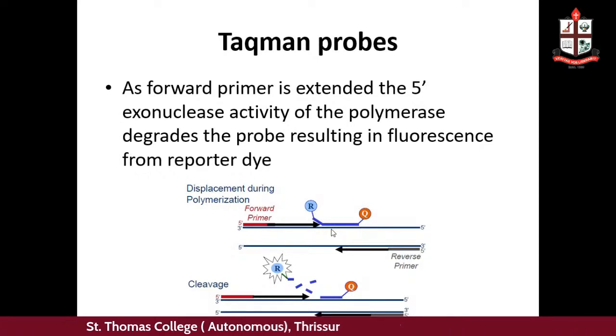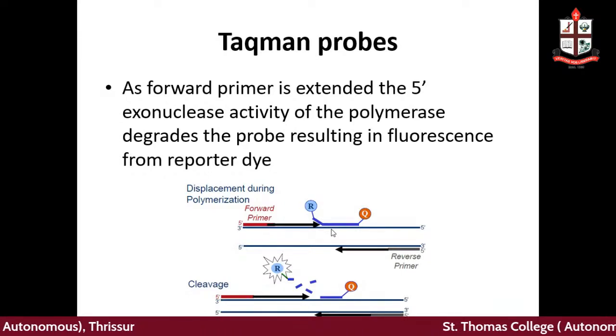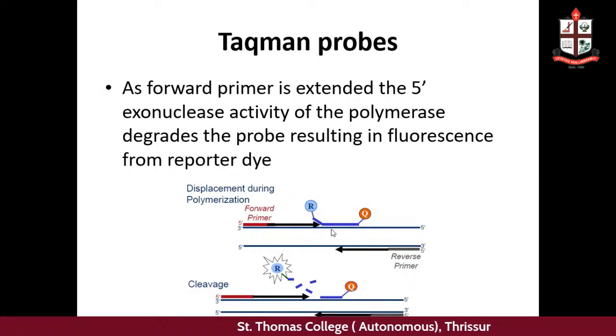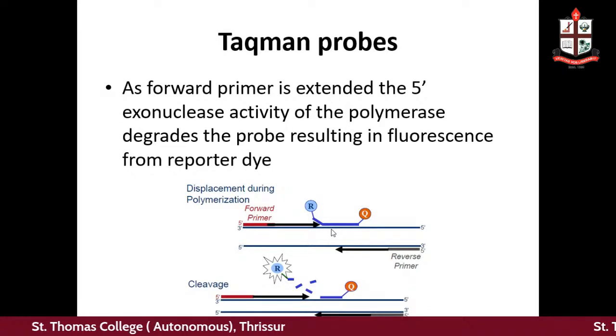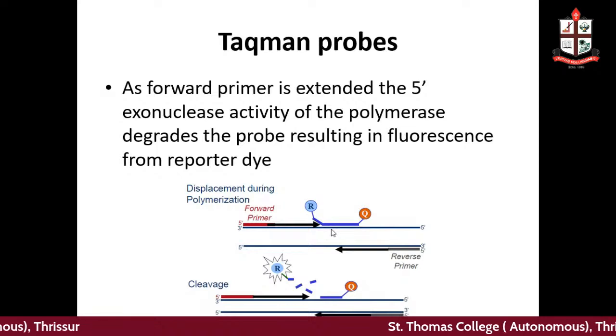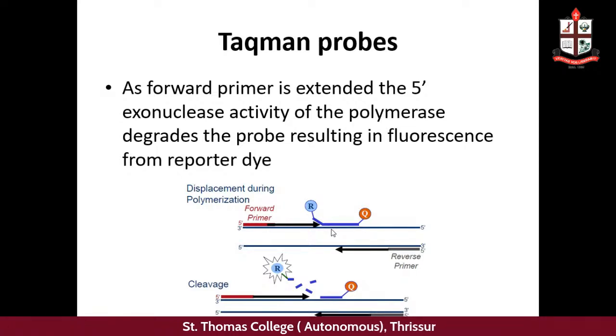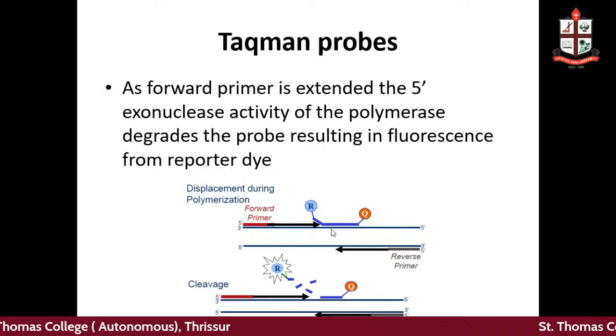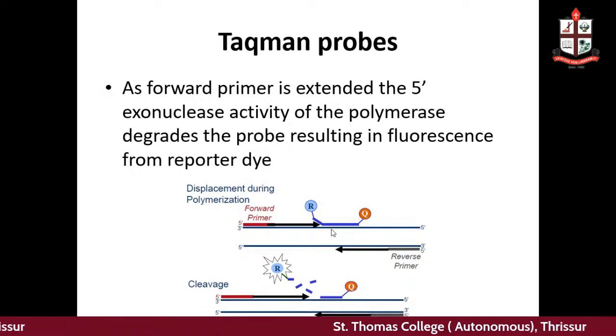Only when the probe binding happens, it will be degraded by the exonuclease activity of the polymerase, and the reporter will be freed and it can fluoresce. As the PCR proceeds, more and more TaqMan probes will be degraded, and the reporter fluorescence will increase. If the PCR is increasing in an exponential fashion, the fluorescence also will increase in an exponential fashion.